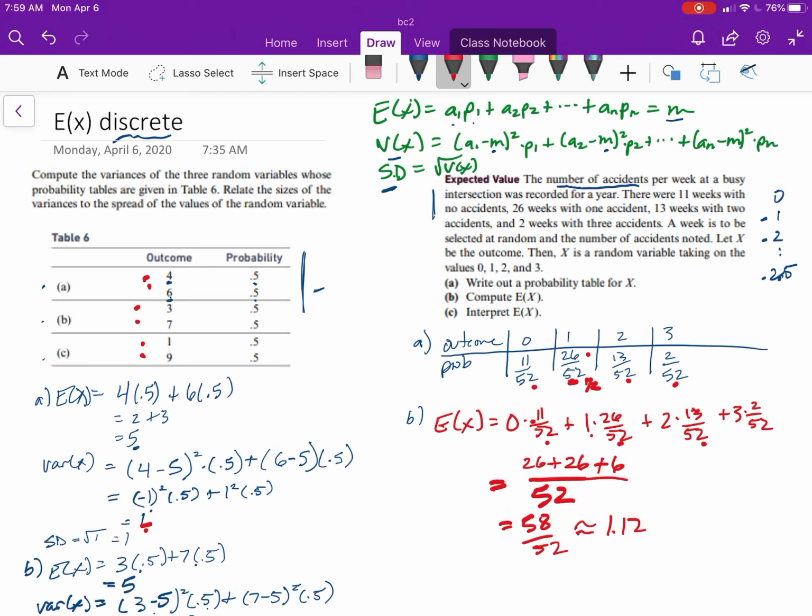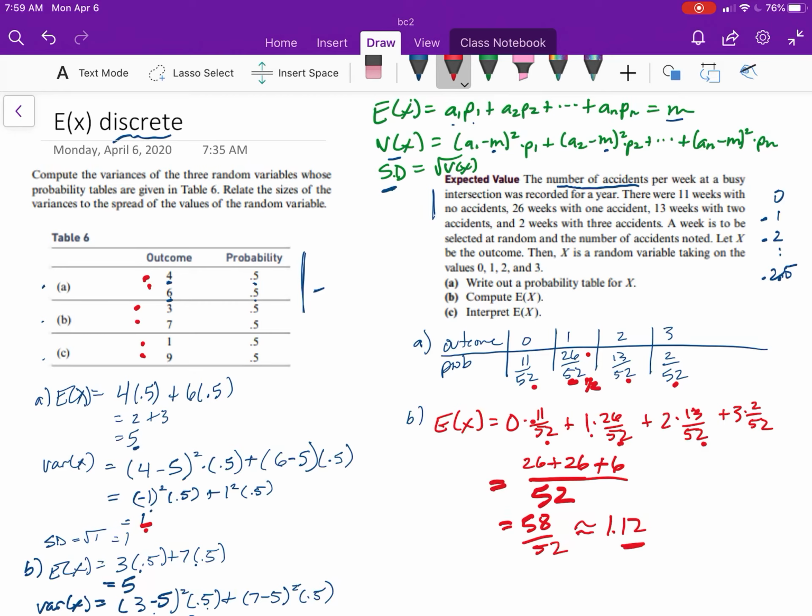So what does that mean? Part C says interpret it. That means on any given week, we can expect 1.12 accidents. But I mean, there cannot be 0.12, right? And that's where expected value gives us somewhat of an average, but it doesn't necessarily mean we could expect that, right?